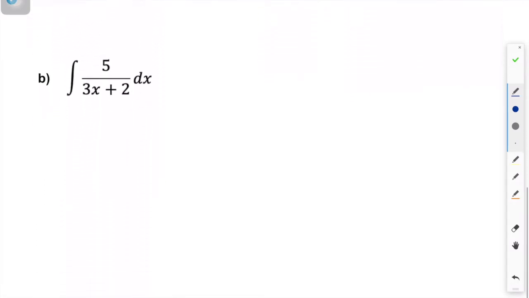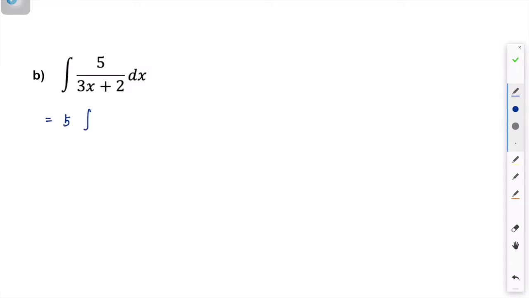Question B. Here I have the integral of 5 over (3x plus 2) dx. Now the 5, I can easily pull it out. And I'm looking at 1 over (3x plus 2). This format reminds me of 1 over u, which is related to ln. I'm going to let u be 3x plus 2.